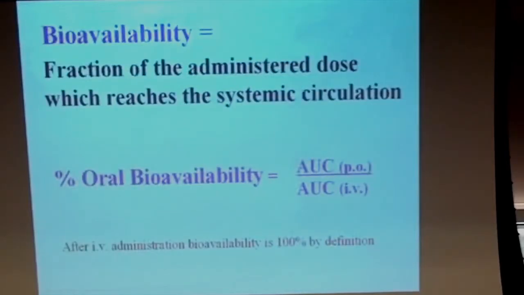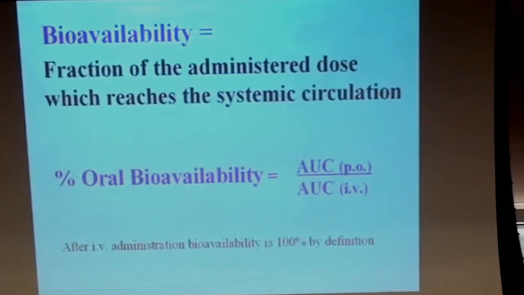The number that everybody is always interested in is the famous bioavailability. This is the fraction of the drug that actually reaches the systemic circulation after an oral dose. And this is typically not 100%. It's typically somewhere in the range between 20 to 80 or 90%.